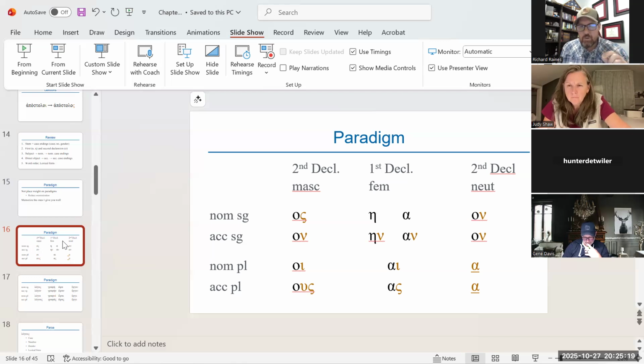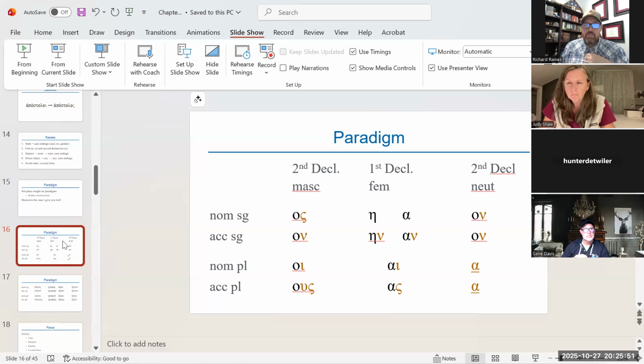And because you're going to memorize this paradigm, you are going to know whether you're dealing with a nominative singular, nominative plural, accusative singular, or accusative plural. You may see logos, logon, logoi, or logus. You may see anthropos, anthropon, anthropoi, or anthropous. No matter the noun, right? If you see those endings, then you translate it according to the case.